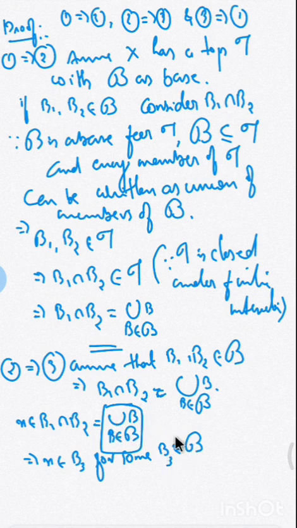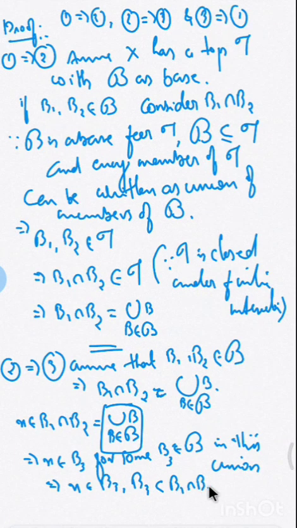So B3 is an element of this union, therefore B3 will be contained in B1 intersection B2. Correct? B1 intersection B2 is a union of such B's, and every such B will clearly be contained in this set also. Which implies X belongs to B3 and B3 is contained in B1 intersection B2. So we proved 2 implies 3.